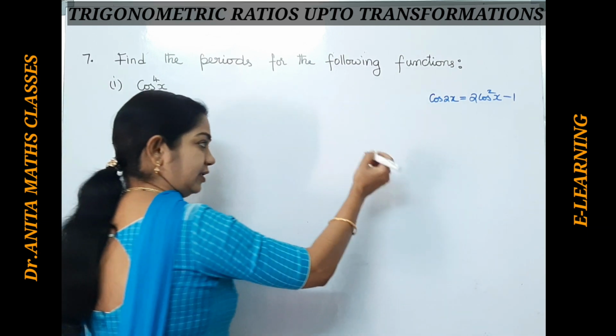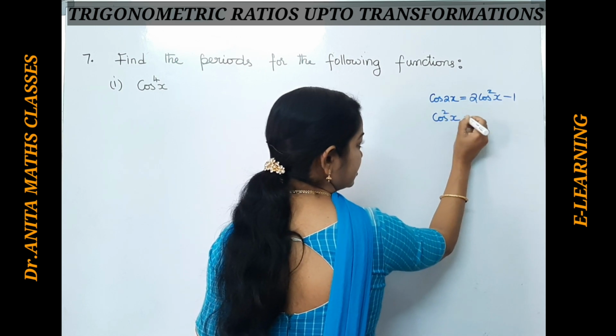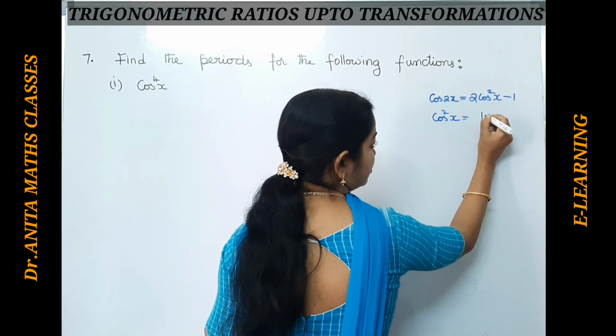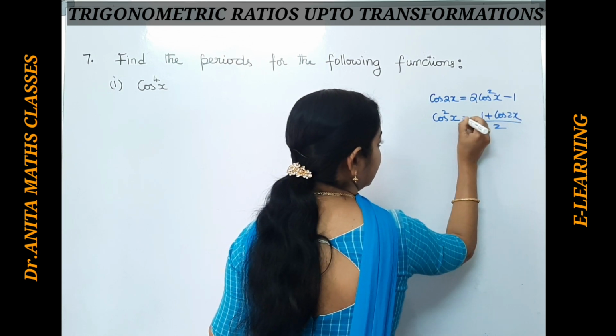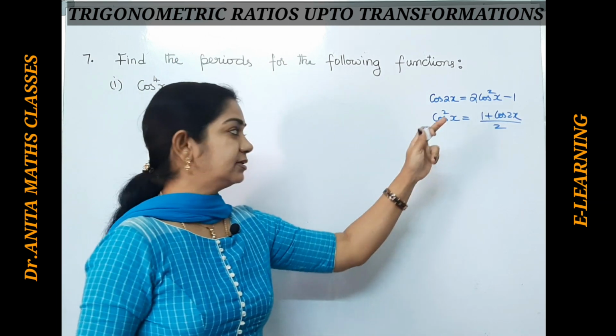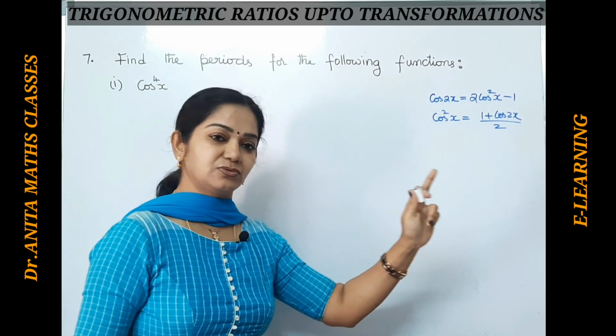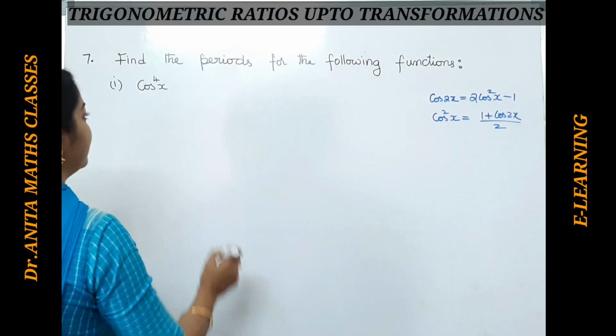Now if I want just cos square x, this part, it comes to 1 plus cos 2x by 2. So this is a formula. If you want minus, you have to go for the sine function, 1 minus 2 sine square x. So here we have cos to the power of 4 x.